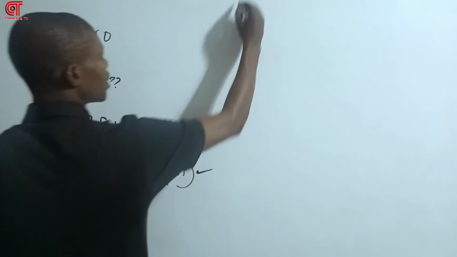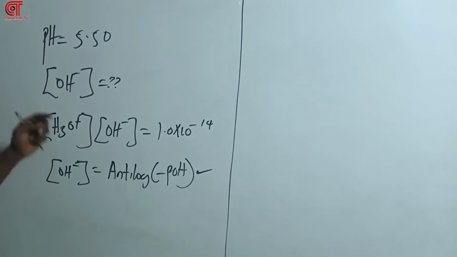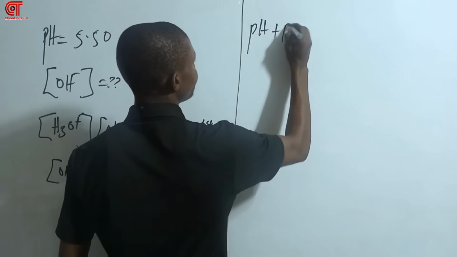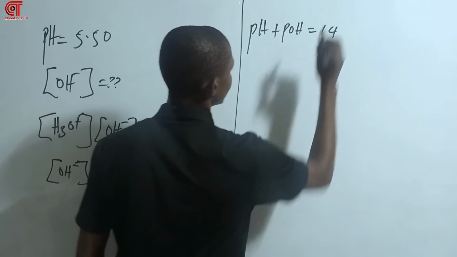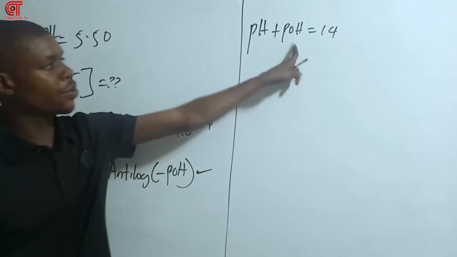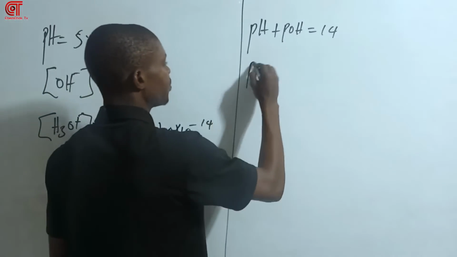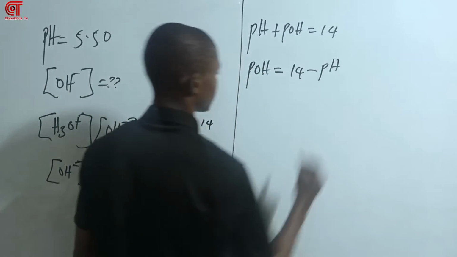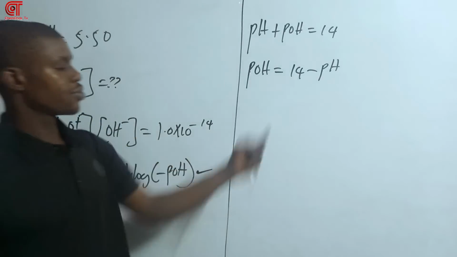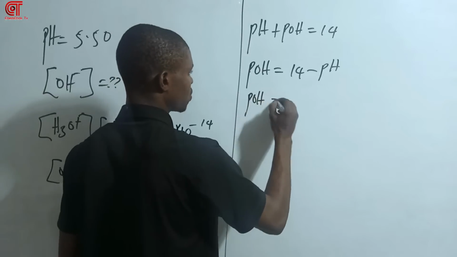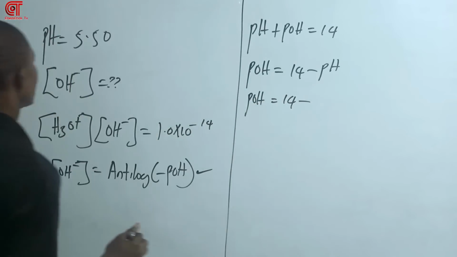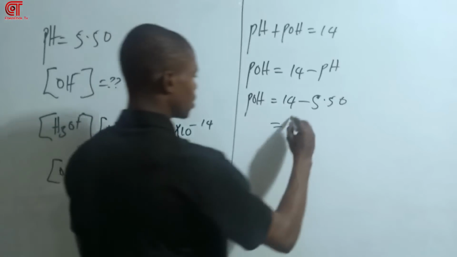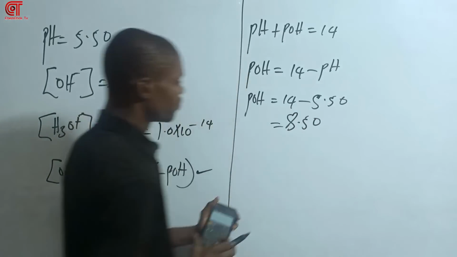For you to calculate the second one here, you want to calculate the pOH. Recall pH plus pOH equals 14, right? So if you make pOH the subject of the formula here, then pOH equals 14 minus pH. You get that? So pOH equals 14 minus 5.50, which is 8.50, right?